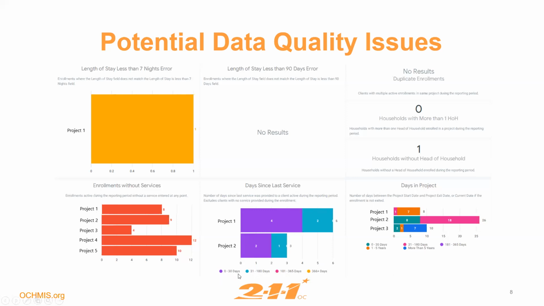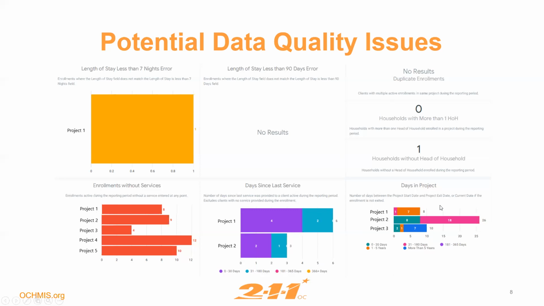And there's time ranges down here at the bottom. And again, if you know every month a client should have case management and that should be entered into HMIS, then all of your clients should fall within 0 to 30 days since their last service. And if that's not the case, you would need to look at those clients.